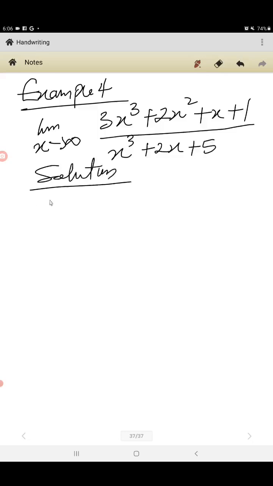We all know that the limit of 1 over x, when x tends to infinity, is equal to 0. So to be able to get this value, because this is an infinity, let's try to do something and say that in the numerator, x cubed is common.